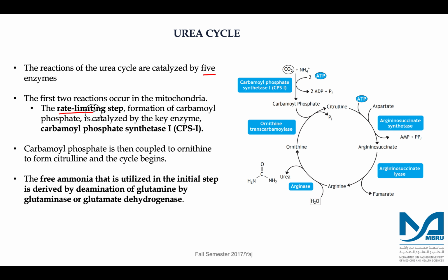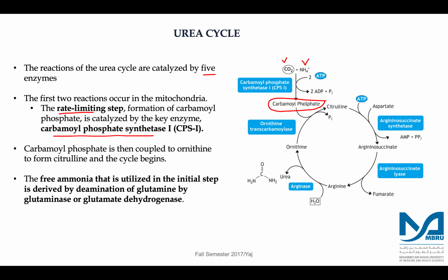This rate limiting step is catalyzed by carbamoyl phosphate synthetase 1. So, what is the rate limiting step in the urea cycle? The answer is the formation of carbamoyl phosphate from carbon dioxide and ammonia. What is the rate limiting enzyme? The answer is carbamoyl phosphate synthetase 1.